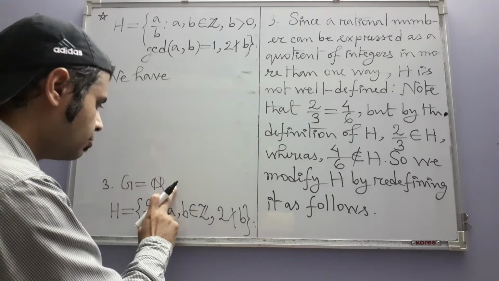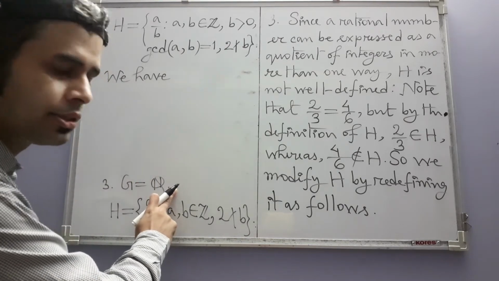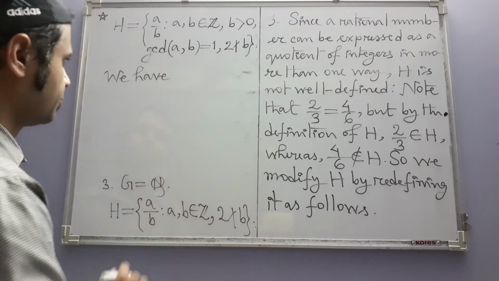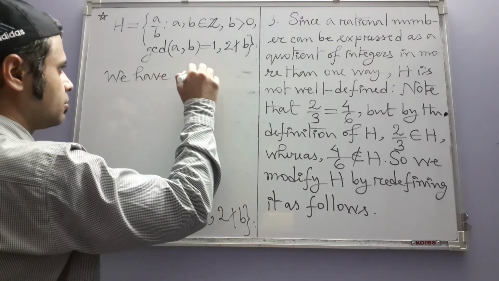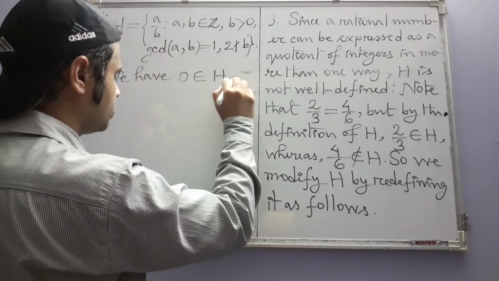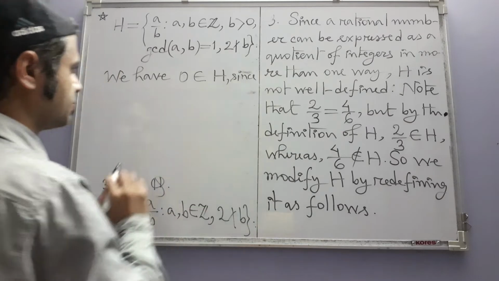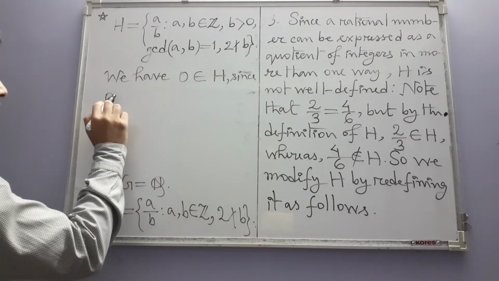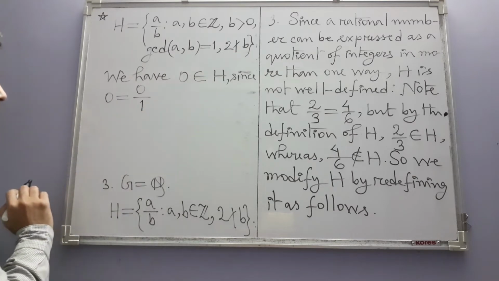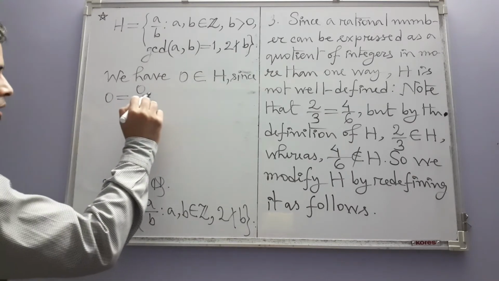This is a group under ordinary addition of rational numbers, so the identity element is 0. 0 belongs to H, so that is the first observation, since you can write 0 as 0 divided by 1.